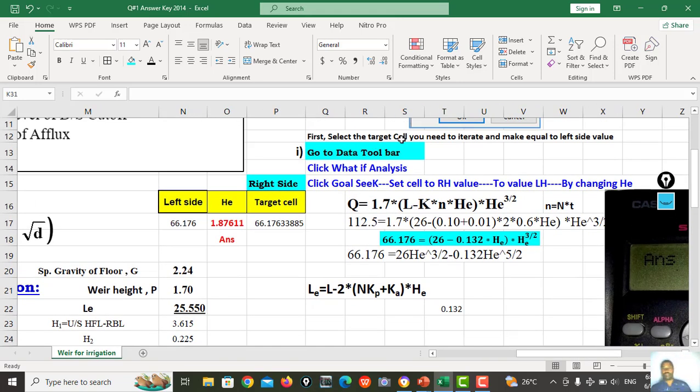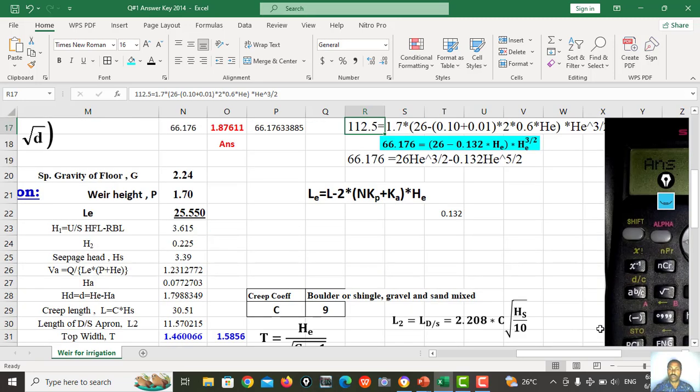First you have to select the target cell. You need to iterate and make it equal to the left side value. So you have this discharge, you substitute 112.5 meter cube per second, then 1.7, then the clear waterway length given 26, then this is K. K means just the coefficient, which is pier contraction coefficient and abutment contraction coefficient, 0.01 and 0.01.